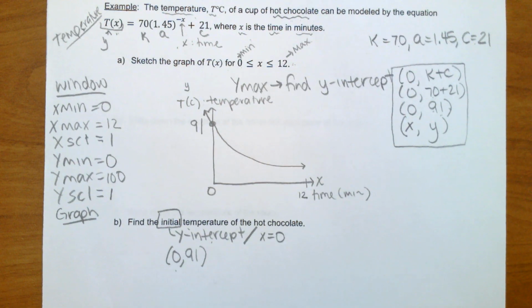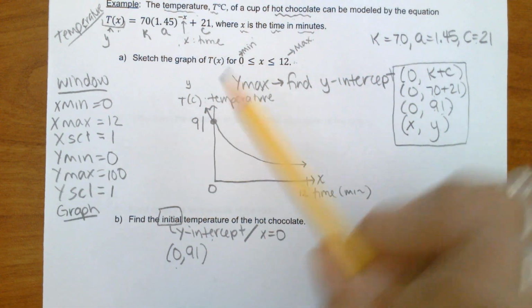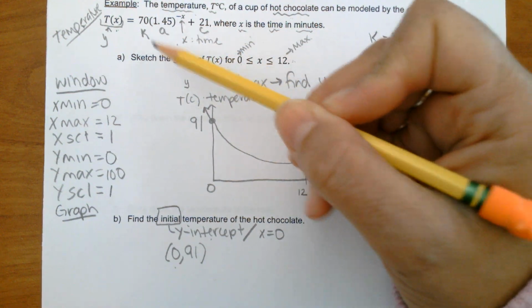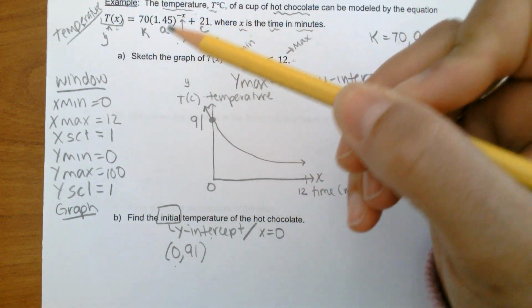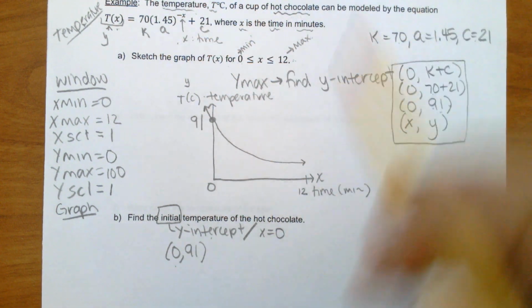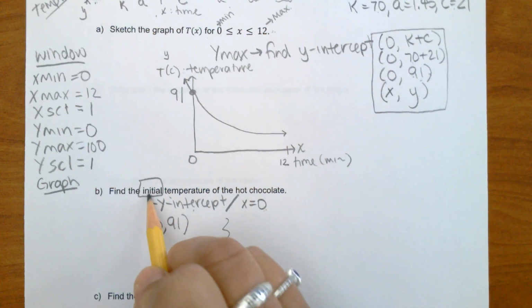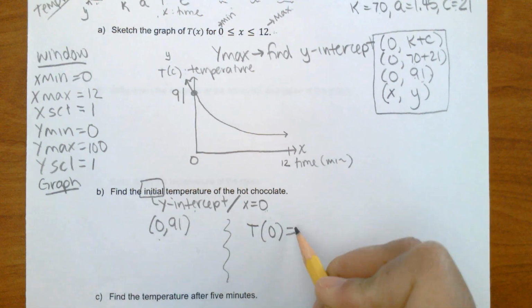There is another method. So let's say our equation didn't look like this. Let's say it was quadratic or linear or cubic or some other equation. You may not even realize what type of model it is. So in any instance, you can use the second method, which is substituting 0 in for x. So when it says initial, you can always put 0 in for x.